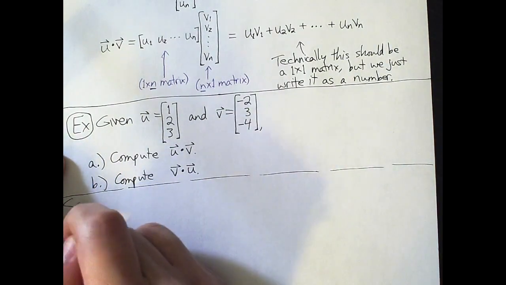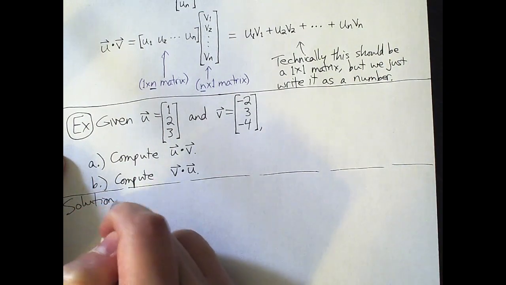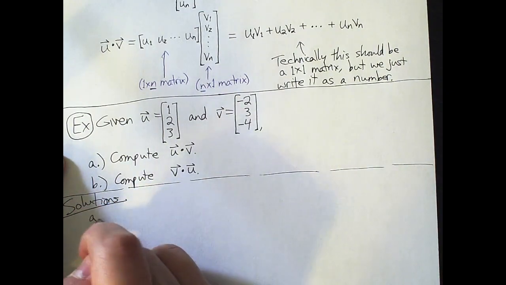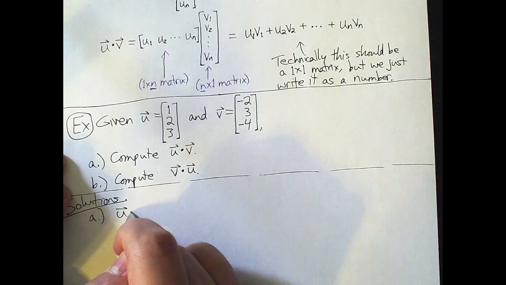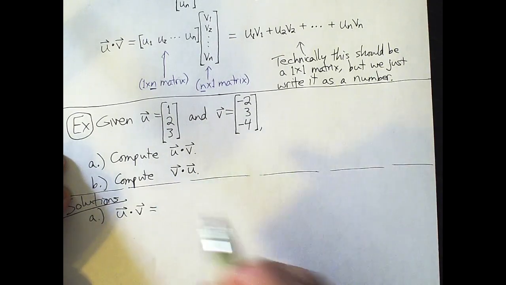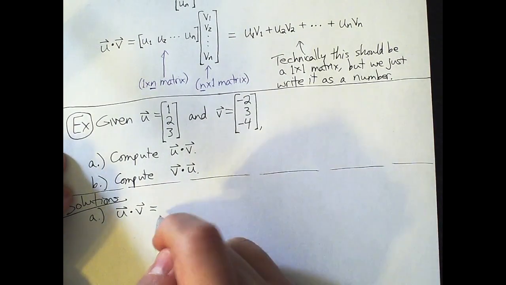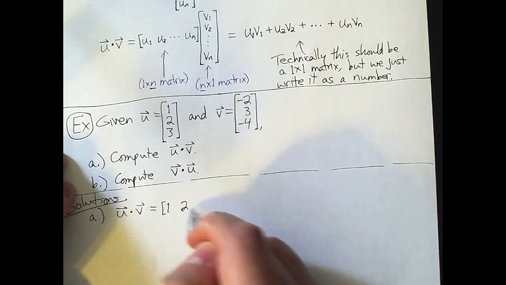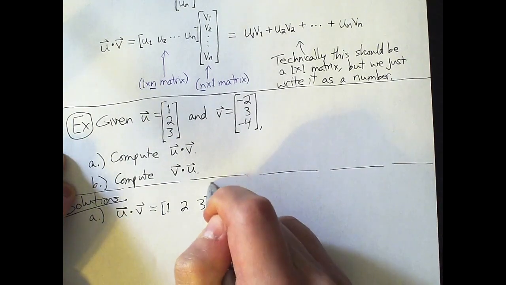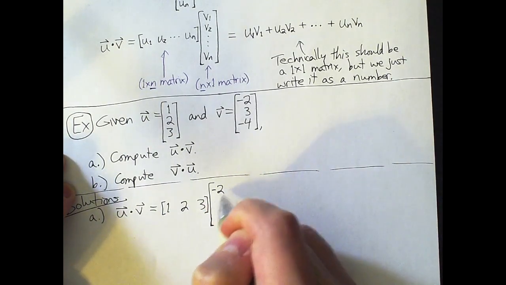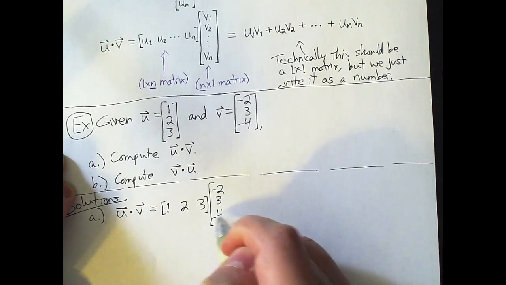All right, so solutions to part A. So u dot v, we take u and do the transpose of it. So 1, 2, 3, and then v just stays the same, -2, 3, -4.